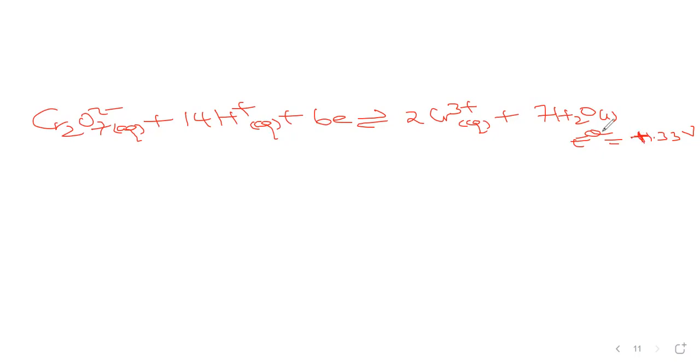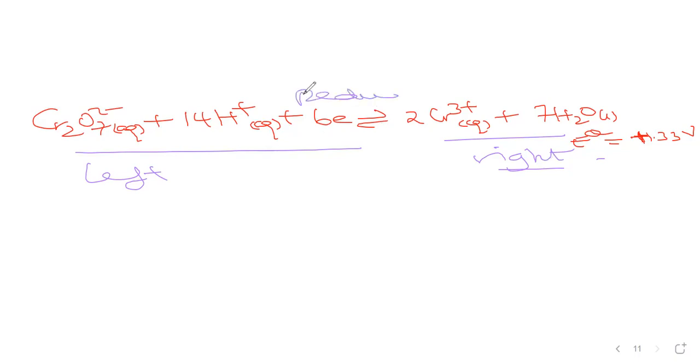When you look at that equation, I want you to understand this. This is the left, and this is the right. Any species on the right of the equation, so long as this equation is a reduction equation showing gain of electrons, is a reducing agent.